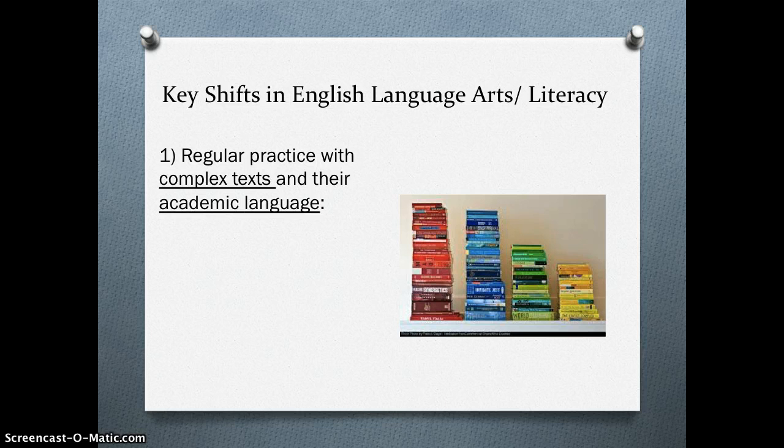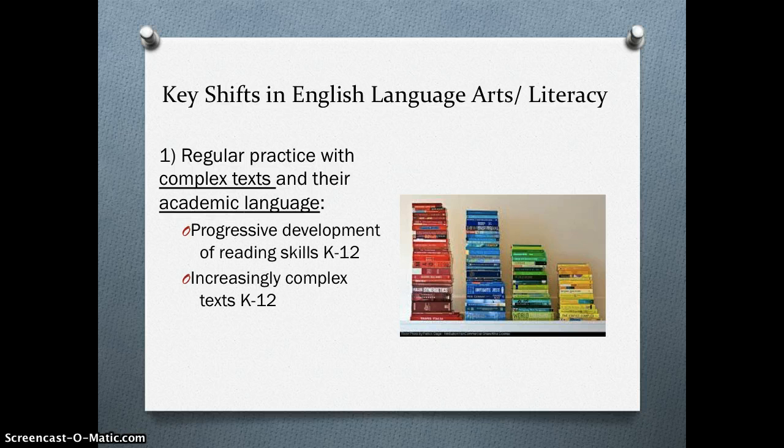And as the first shift indicates, students will be expected in K-12 classrooms to have regular practices with complex text and their academic language. Briefly, this means that students will progressively develop their reading skills in grades K through 12, establishing foundational literacy skills at the K through 5 level, then developing more nuanced reading skills, including subject-specific reading strategies through the practice of close reading of increasingly complex texts over time.